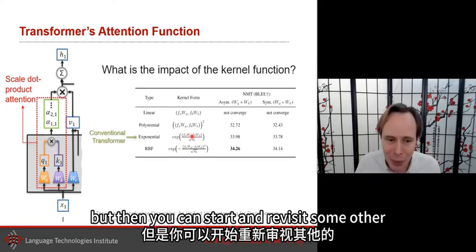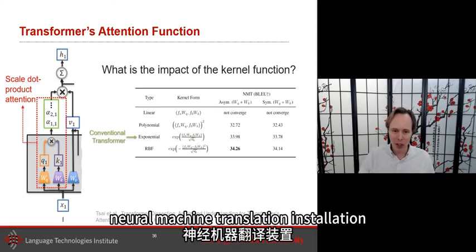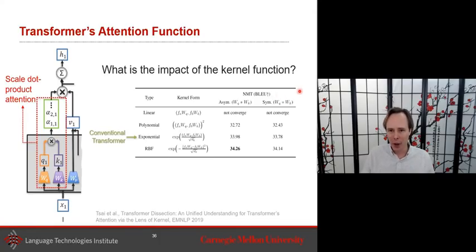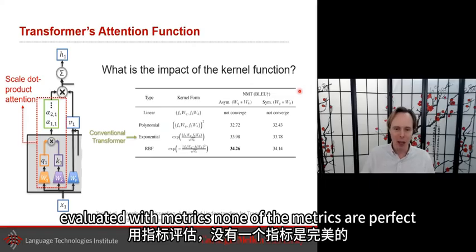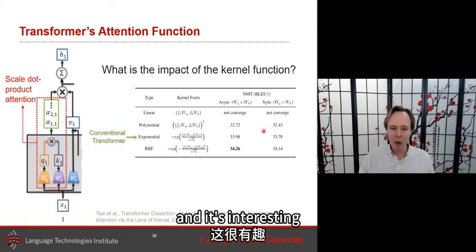But then you can start and revisit some other kernels. This is for the task of neural machine translation, which a lot of the time is evaluated with metrics. None of the metrics are perfect. One of them is BLEU, B-L-E-U. And it's interesting.